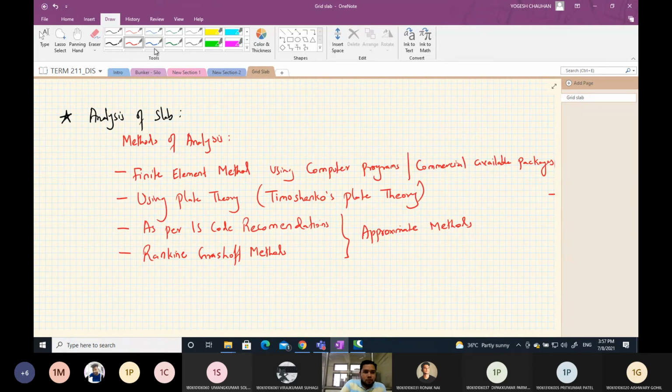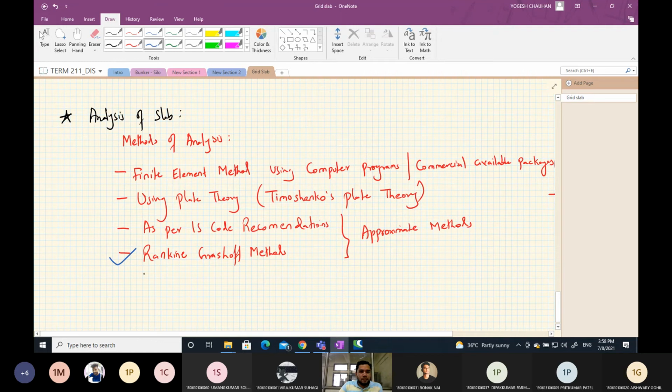And throughout this course, we will be discussing the Rankine's Grashof methods. So we'll go through the derivation of Rankine's Grashof methods. We'll also go through some IS code provisions given in IS 456 for the design of the grid slab.